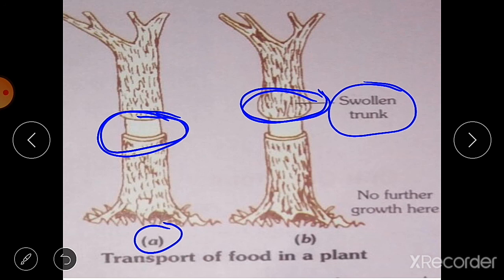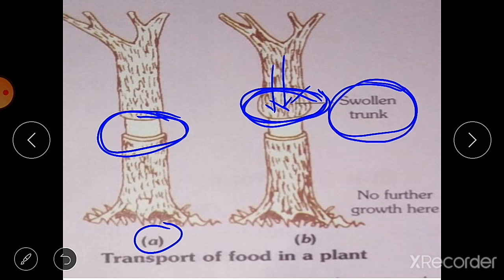After the removal of the phloem tissue, the downward movement of food is blocked here, and that's why the food gets accumulated here, and that's why it swells up.